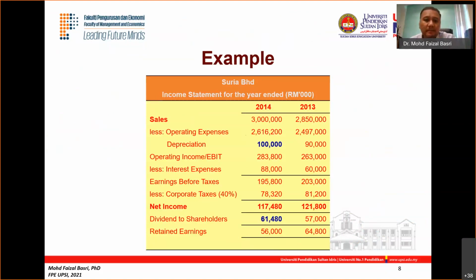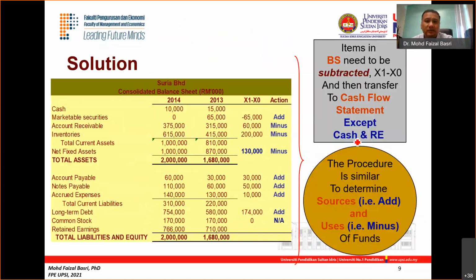Okay, the solution we've discussed just now. We minus everything. Then we have the action at minus just now. I just put a symbol just now. Right. So these are items from the cash flow, and we have exclusion, which is the cash. Even though I put negative 5,000, we will not record it, and also retained earnings. Okay, the 56,000 will not be part of it.